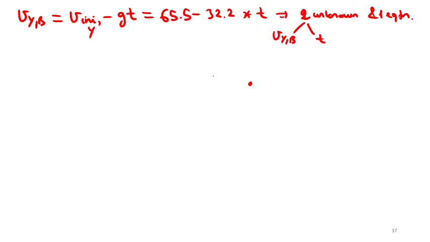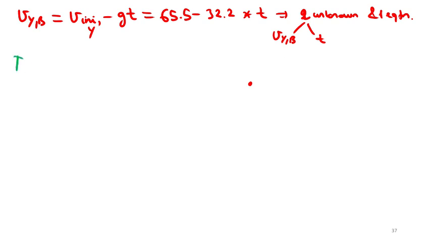So what it means is that I need an additional equation to relate either time or the velocity. And then I will go with the time because it's easier. But you can go with the velocity at B as well. It's not about which one you start with, it's about finding an equation.